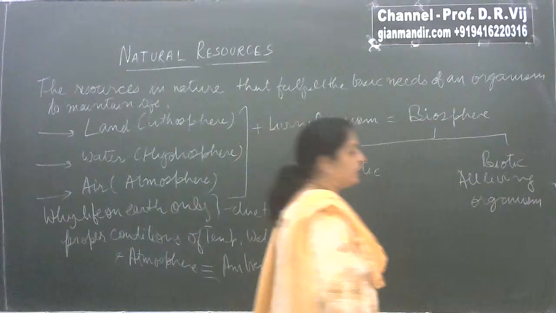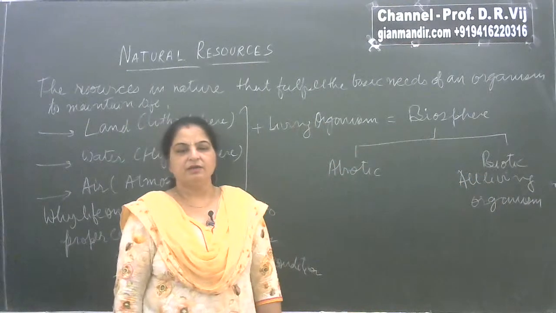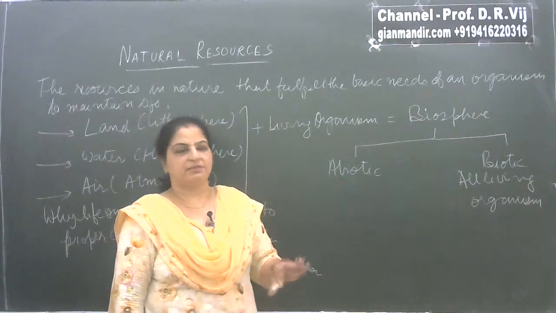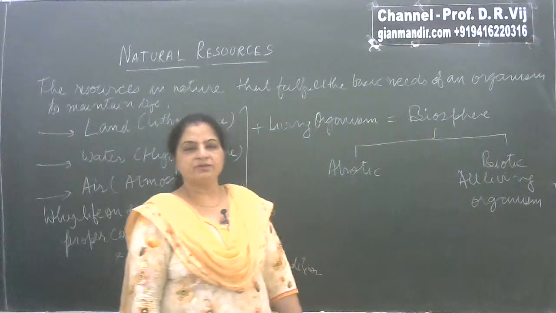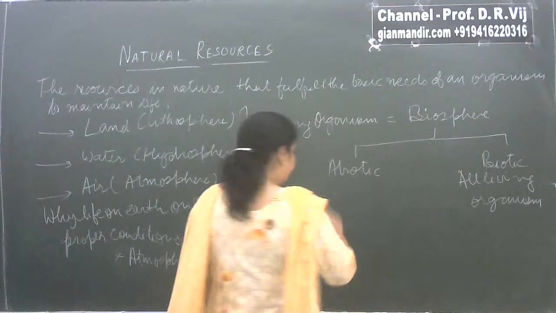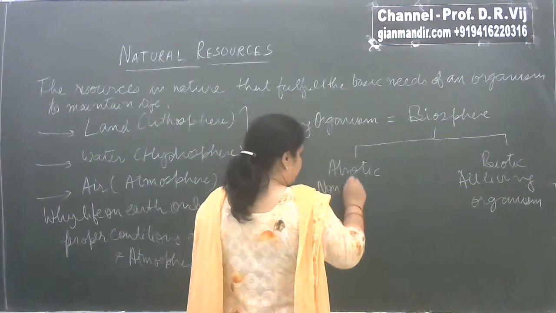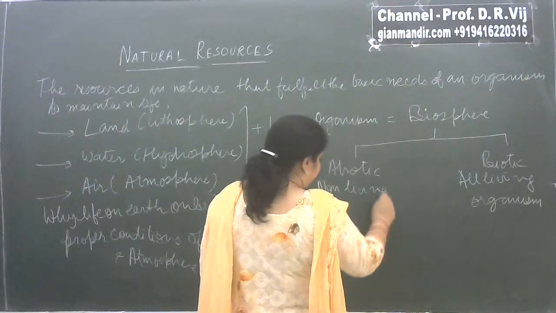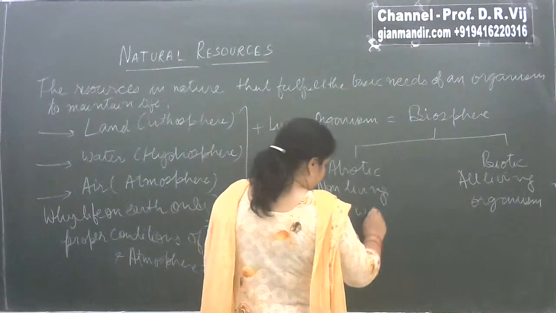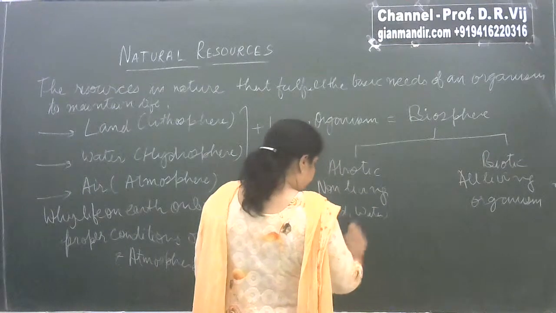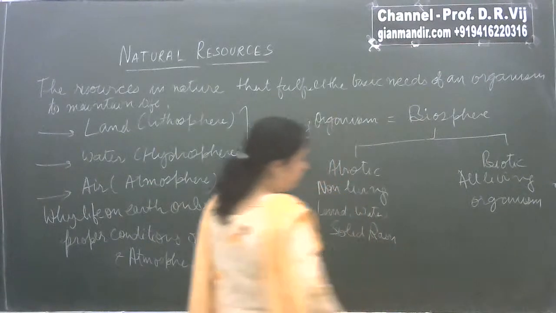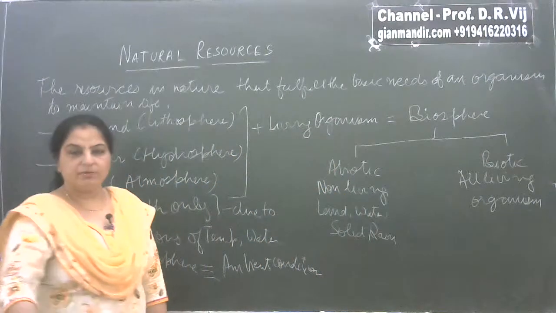Starting from the simplest unicellular organism to all the complex multicellular organisms, all make the biotic component of the biosphere. The abiotic component, as the name shows, is the non-living component of the biosphere. And this non-living component includes land, water, soil, rain, etc.